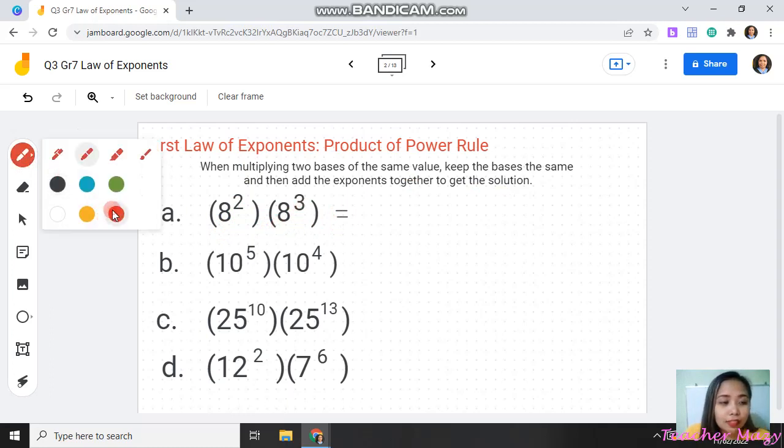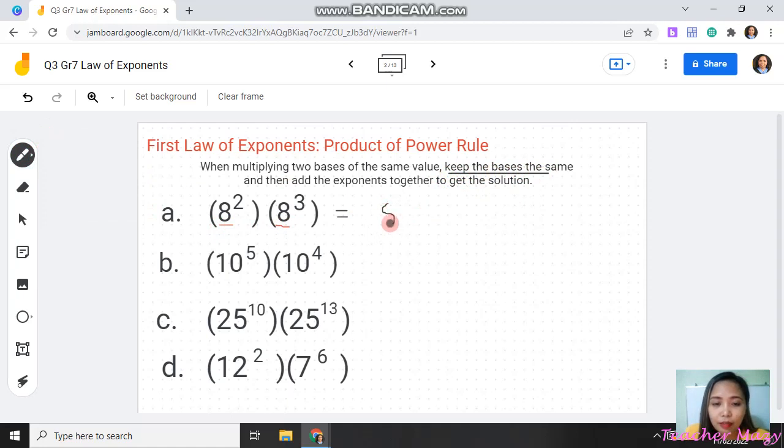As you can see, they have the same base. So the base is 8. Keep the base the same, just write the base and then add the exponents together. So we need to add 2 plus 3. The base is 8 and 2 plus 3 is equal to 5. So the answer is 8 raised to 5.